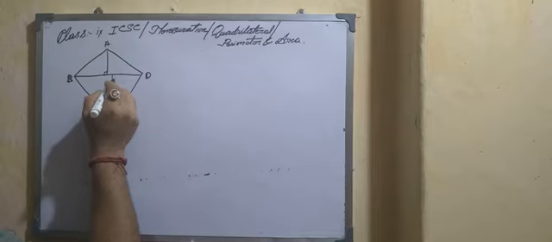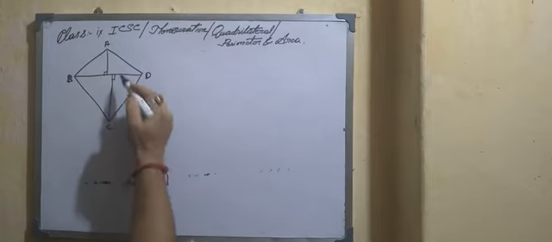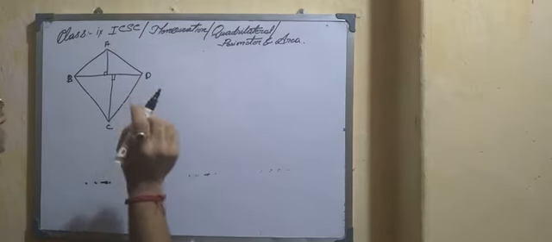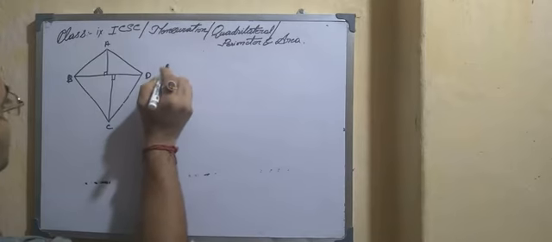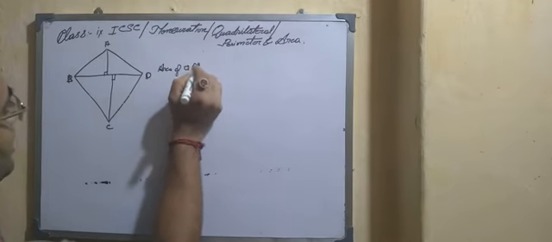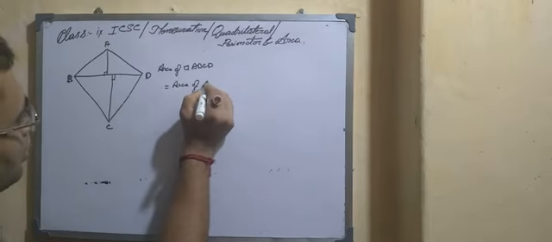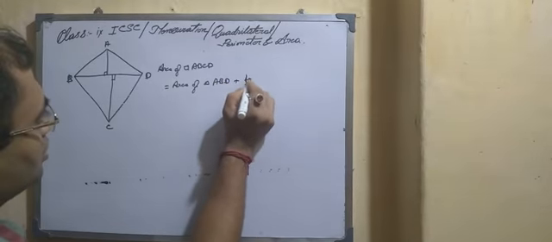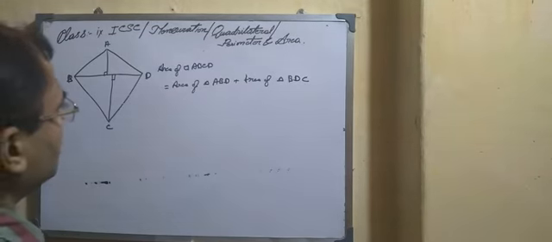Now this quadrilateral is divided into two triangular parts. We know the formula for a triangle: area of the triangle is half base into height. That means area of quadrilateral ABCD equals area of triangle ABD plus area of triangle BDC.